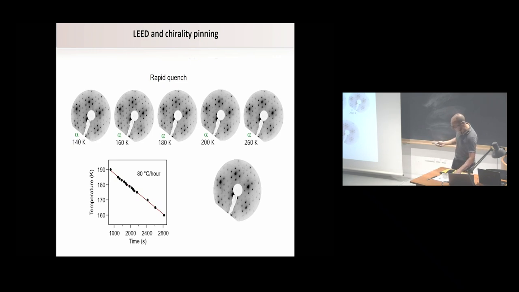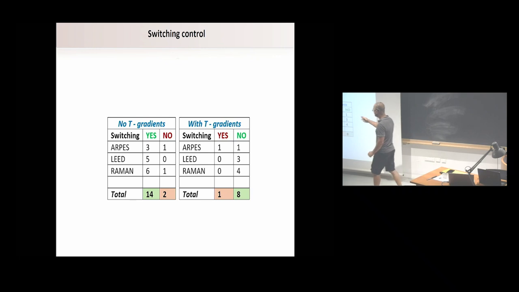And you would see here that the chirality, in this case, let's see where it is. Here. You will see that there is a transition, but the chirality doesn't change.